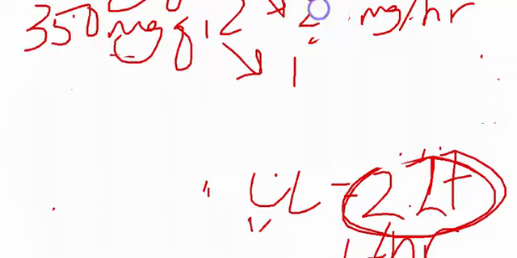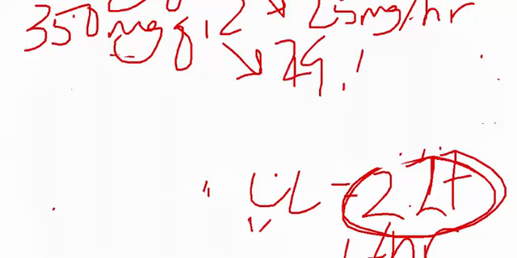What did I do? No, that's right. 600 divided by 24 is 25. Sorry, I'm getting all turned around here. Or 350 times 2 divided by 24 is 29.17 milligrams per hour.